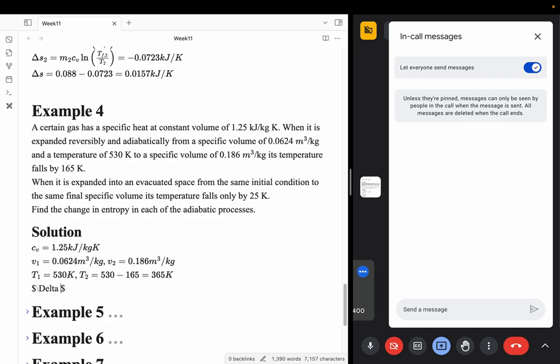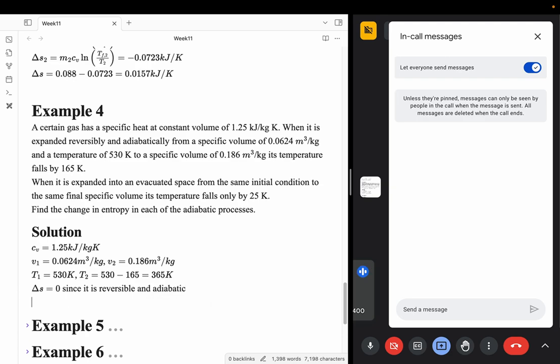Because it is, now for the second case, when it is expanded into space, what would be the delta S? So what process is that? No, I already told you, right? Temperature falls by 25 Kelvin, so it's not isothermal.